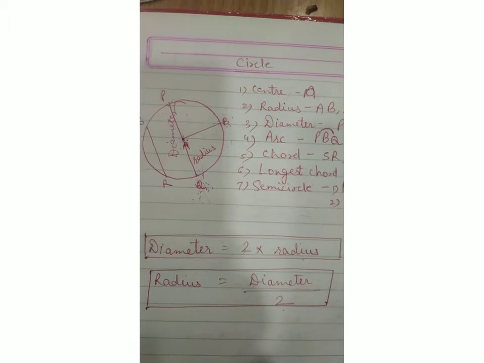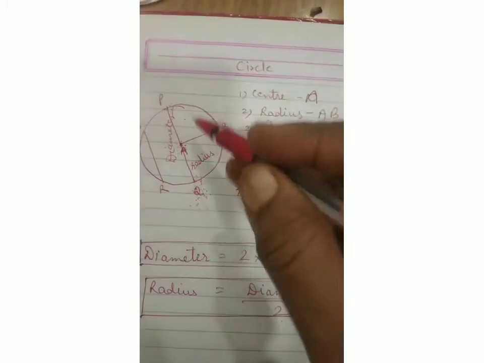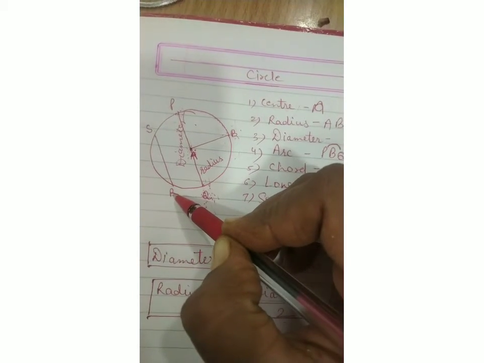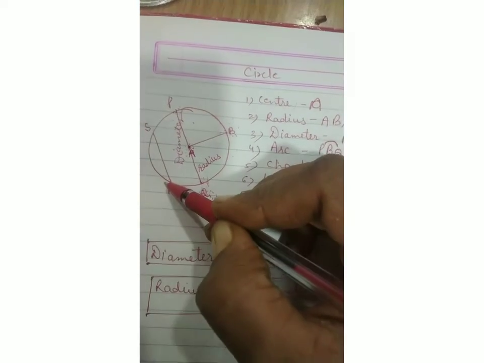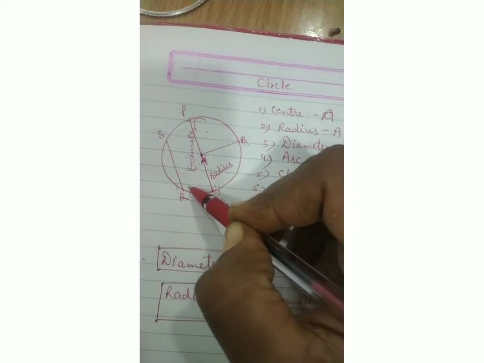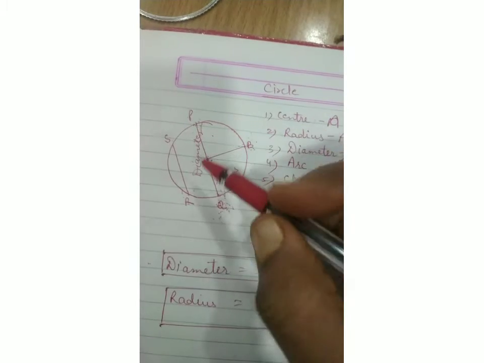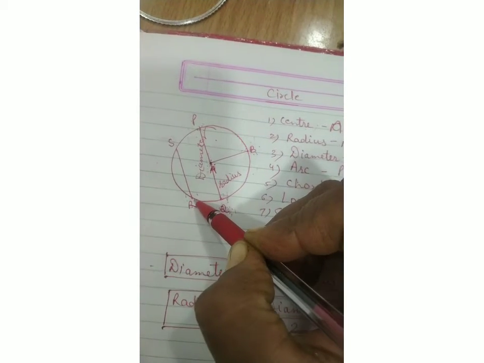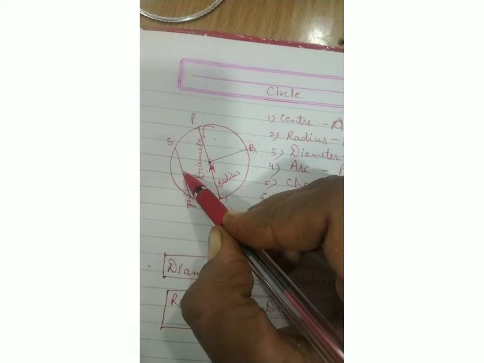Okay. Now, a line segment whose end points lie on the circle is called chord. Fine. Now it is not necessary that this line segment will pass through the center of the circle.